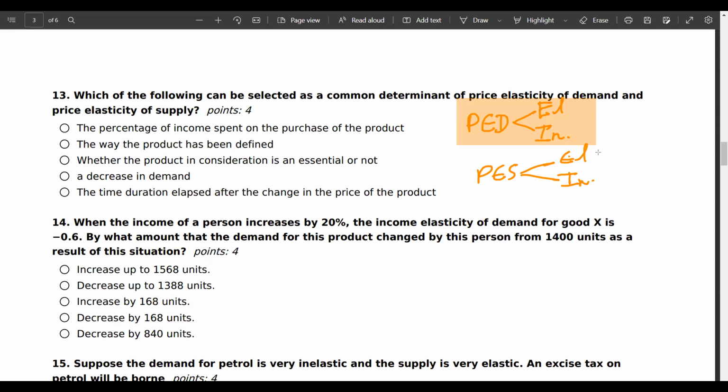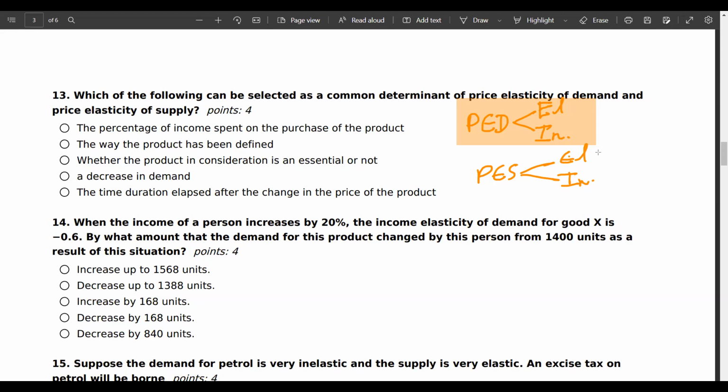Those kinds of things are the PED determinants. PES also has some determinants, such as storage availability, whether you can store the product or not, the factor mobility, and substitutability, how many alternatives a producer has. All of that will decide the PES.